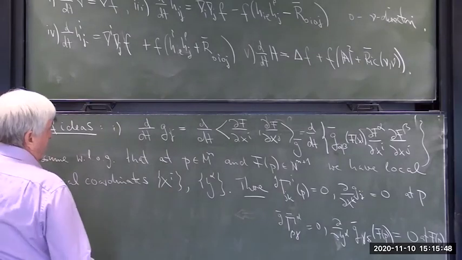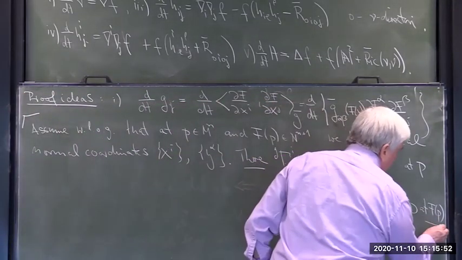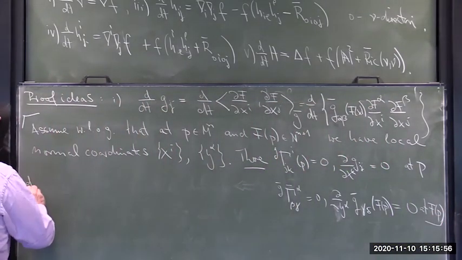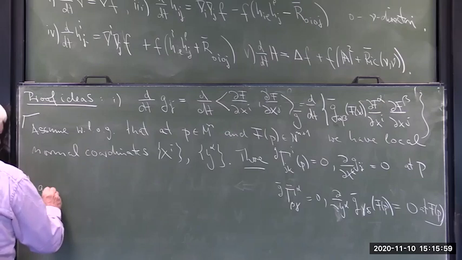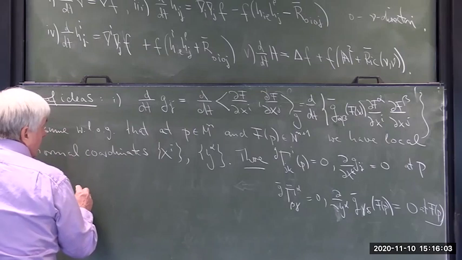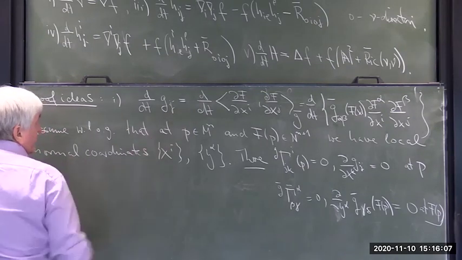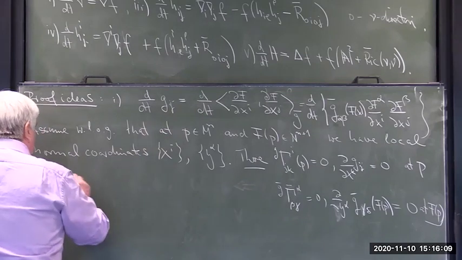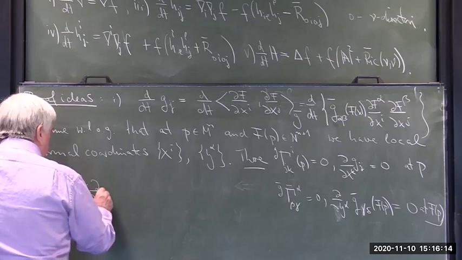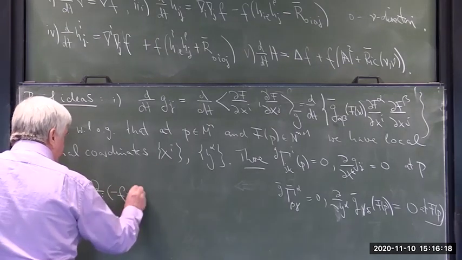And therefore, with this little computational trick, I get that d/dt g_ij is equal to, and the coordinate system doesn't change, and it's clearly symmetric in i and j, so I get twice ∂/∂x^i of ∂f/∂t, and ∂f/∂t is minus f times nu.